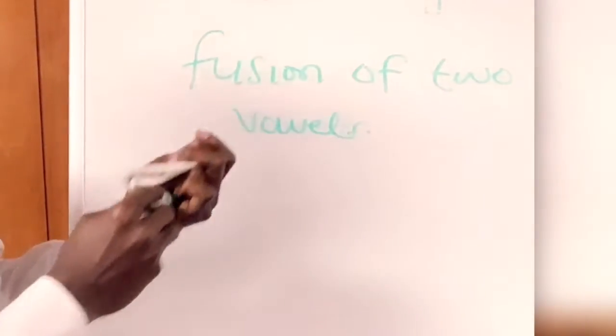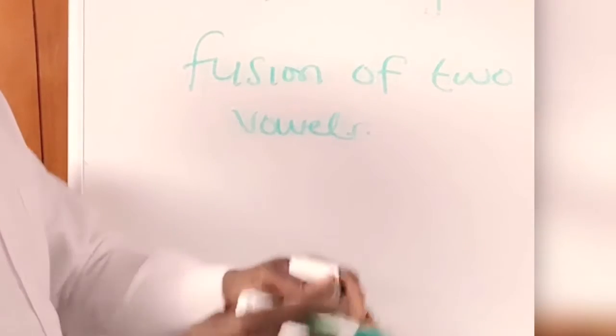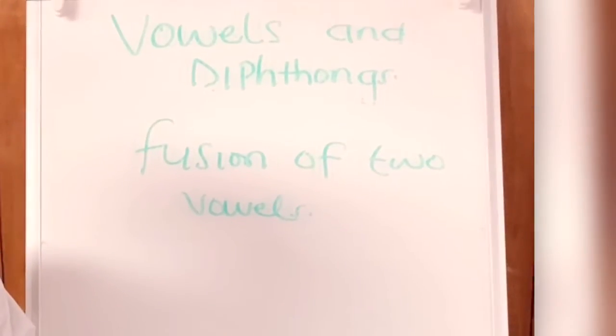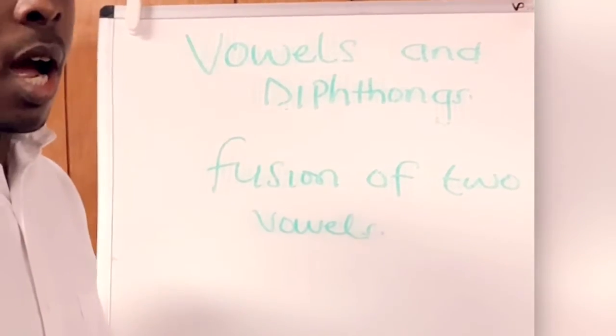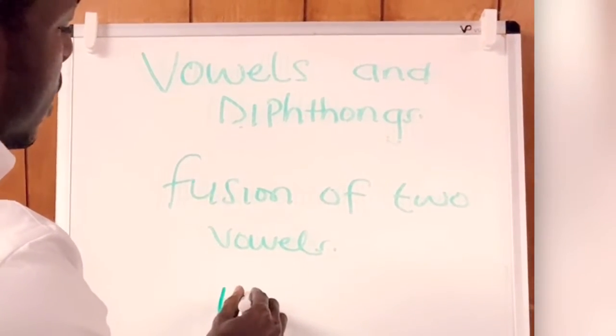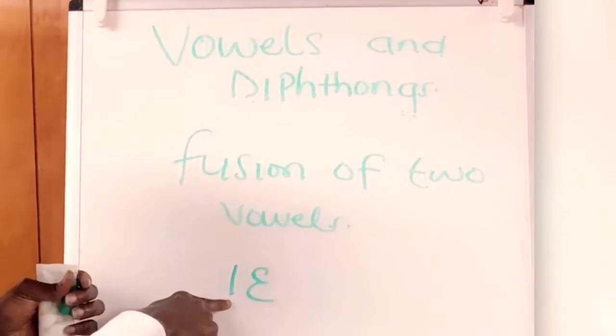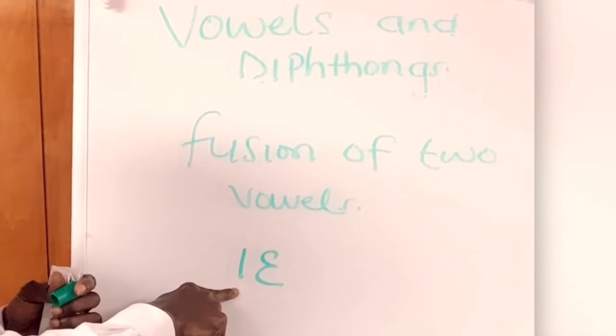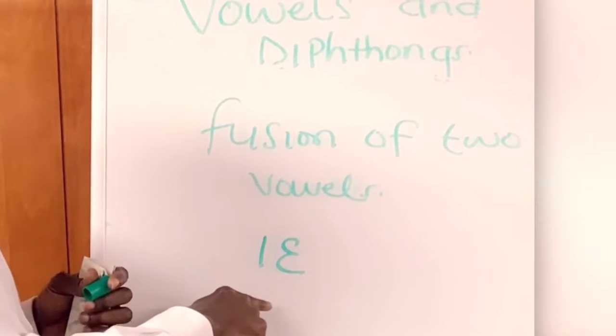Fusion of 2 vowels forms a diphthong. However, in Greek, not all 2 vowels that come together form a diphthong. For instance, iota and epsilon, like this, will not be called a diphthong, but they are 2 separate vowels.